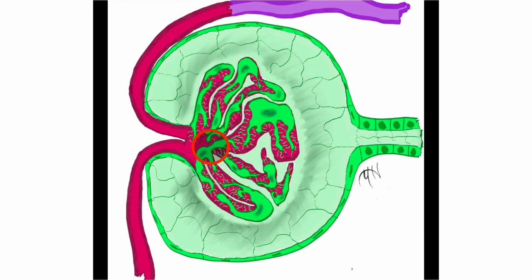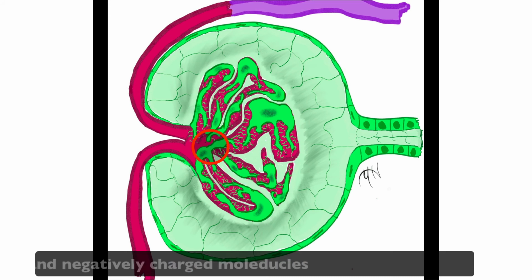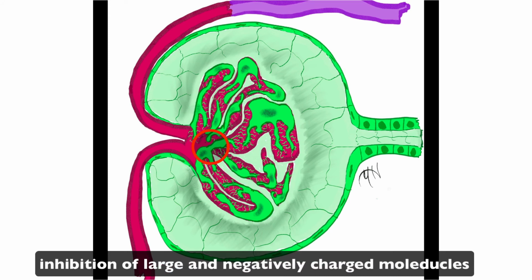So the filtration membrane works by two mechanisms: by inhibiting larger molecules from passing through the fenestrations or pores of the glomerular capillary. Also, the basement membrane inhibits molecules based on size, as do these filtration slits.